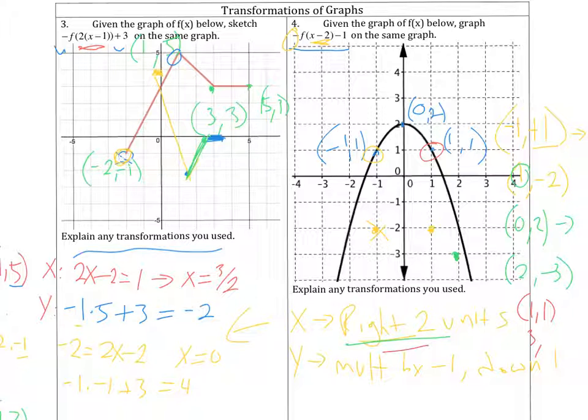Multiplied by negative 1 is going to be negative 1. Down 1 is negative 2. 3, negative 2. You might keep in mind what these points used to be so that you can come up with a pretty good graph as a shape afterwards, which might look something like this. Maybe you will actually hit the points even though I didn't.